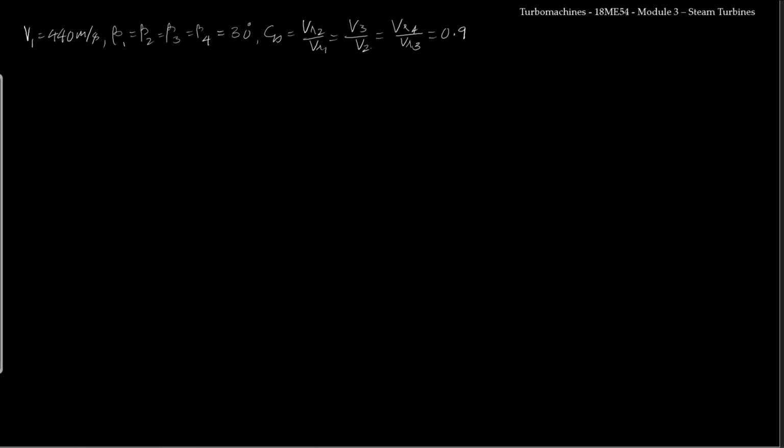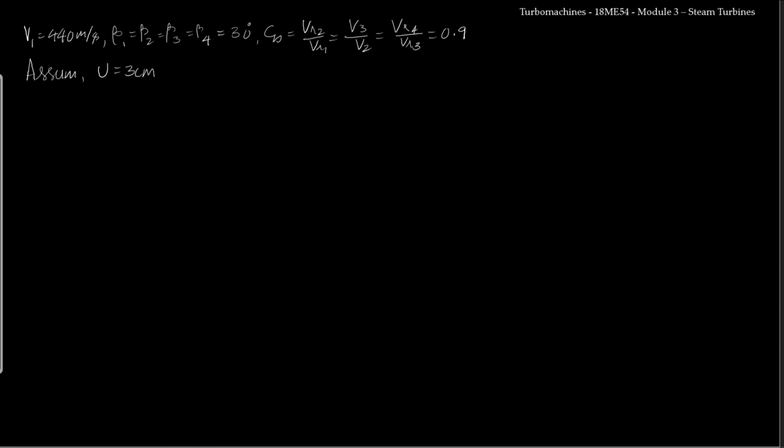Now we have to construct the velocity triangle. Since we don't know the value of U, we cannot fix a scale now. So I'll assume the length of U as 3 centimeter. I'm just randomly assuming the length of U as 3 centimeter.